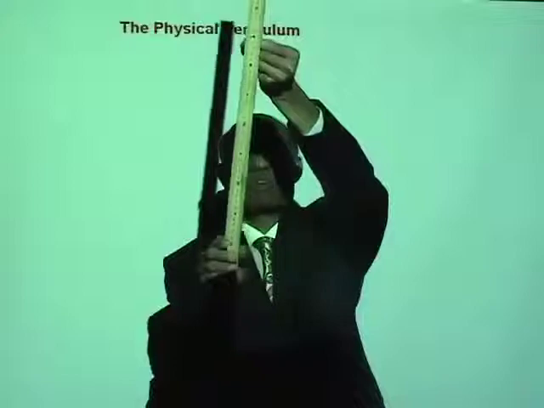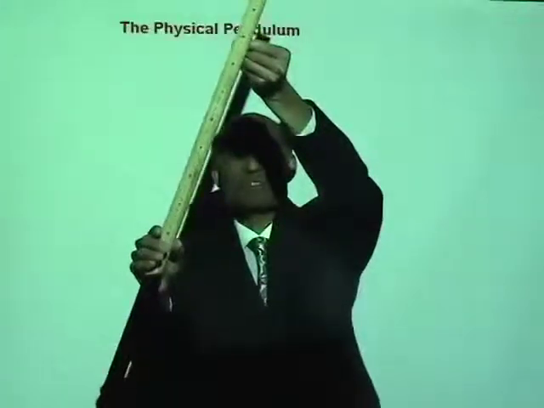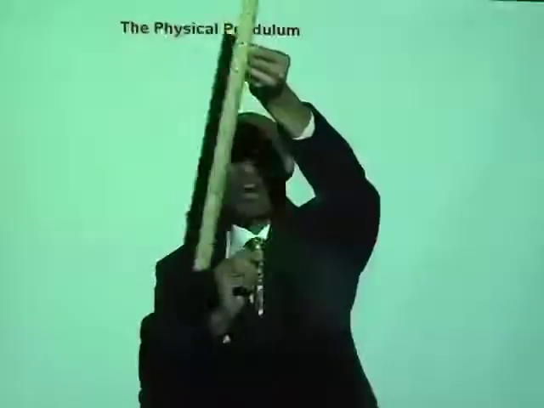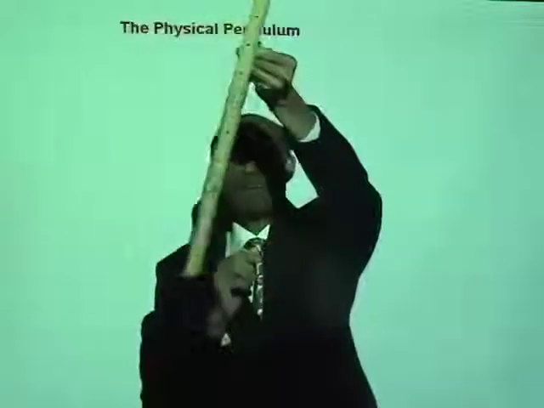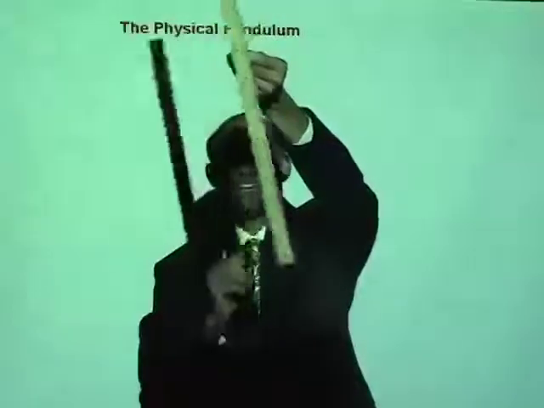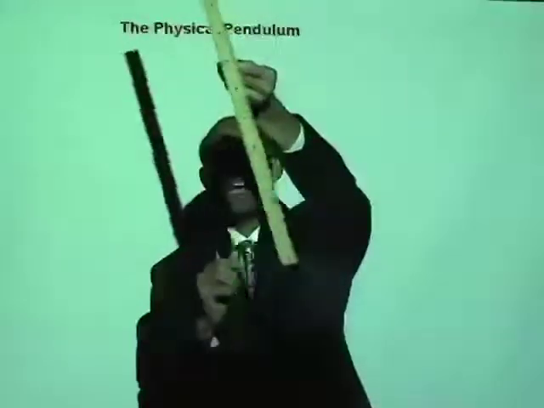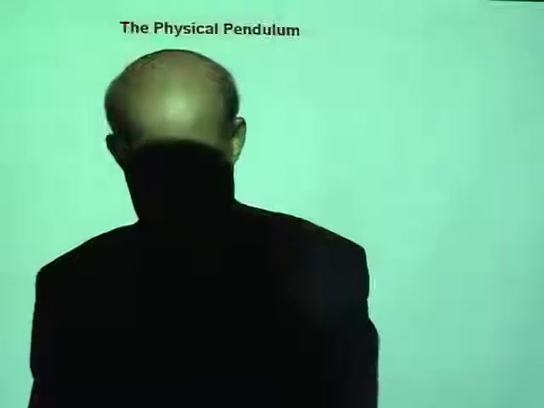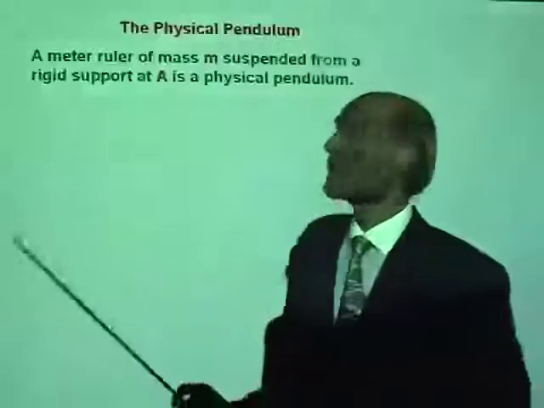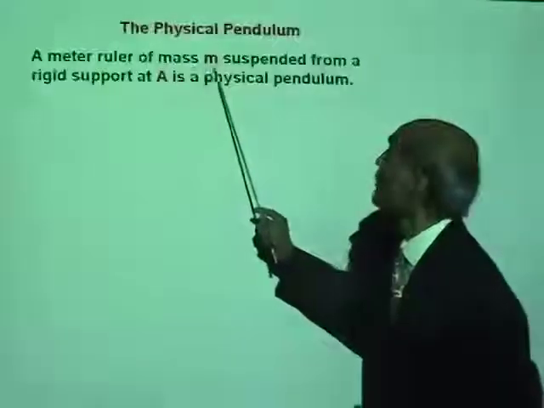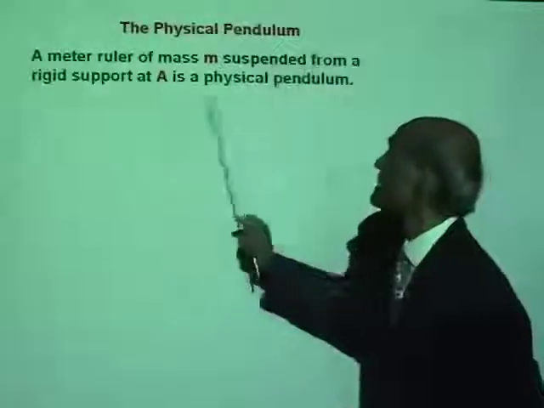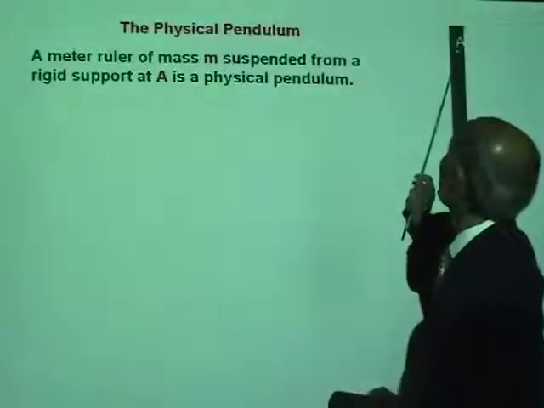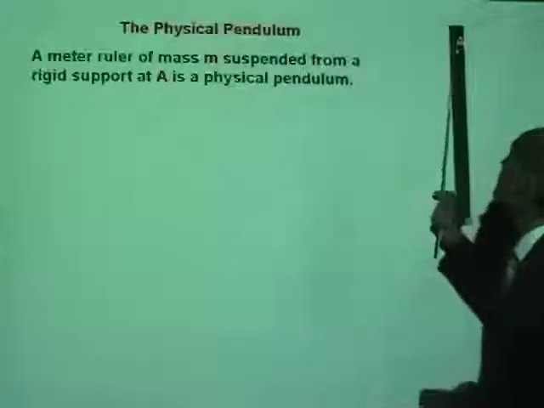If I now pull the ruler to one side, look at this, and leave, the ruler will oscillate about the mean position. This is called a physical pendulum. Alright, let's talk about this. A meter ruler of mass m suspended from a rigid support at A, there you are, is a physical pendulum.